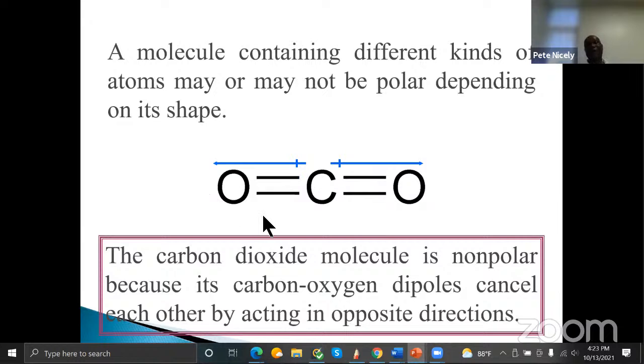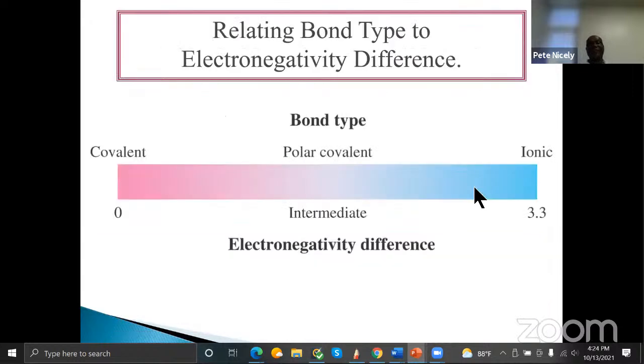All right? So that's basically what happens in the case of a molecule like carbon dioxide, where the dipole moments or the dipoles will cancel out each other, and therefore the net dipole of the molecule would be 0.